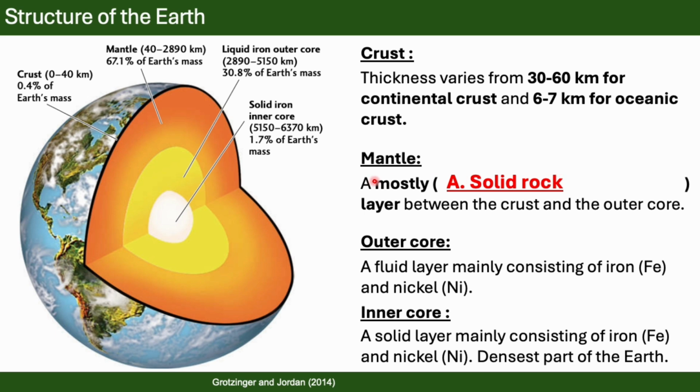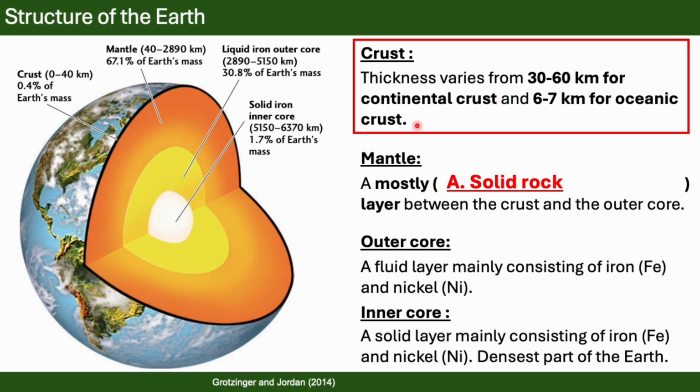Although the mantle is often displayed in red color like in this figure, so this looks like magma, but actually the magma exists only in a limited area of the mantle. So most of the mantle is solid rock. And then at the center of the Earth, the outer core is liquid and the inner core is solid. So today we will focus on the crust.